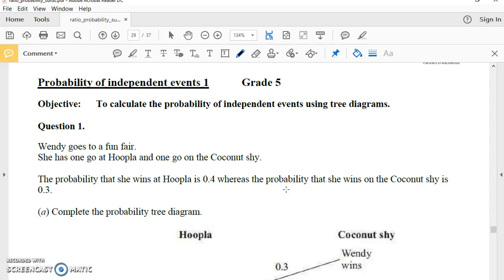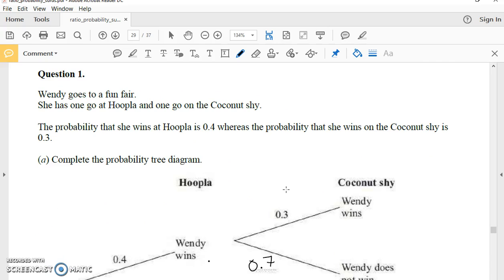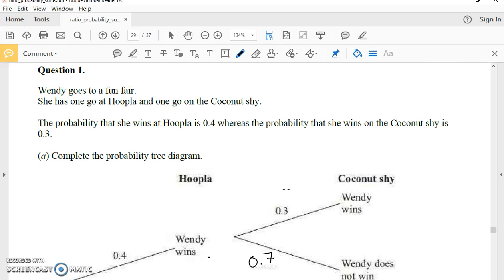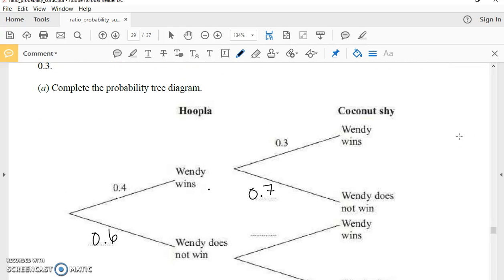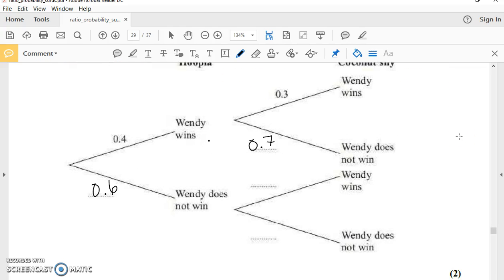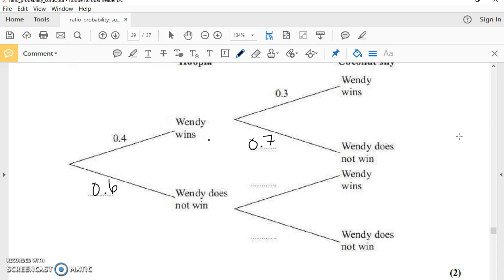Now, again, we want to read our question and make sure that we get all of the information that we need. Okay, so the probability that she wins at Hoopla is 0.4, whereas the probability that she wins on the Coconut Shy is 0.3. Now, if we think about it, the probability that she wins at Coconut Shy isn't going to change whether or not she wins the first one.